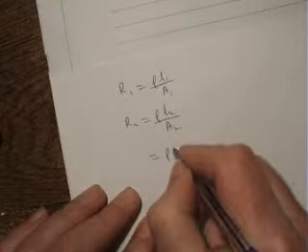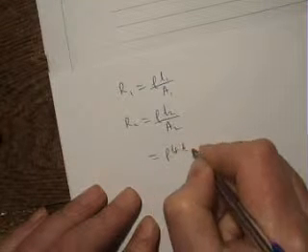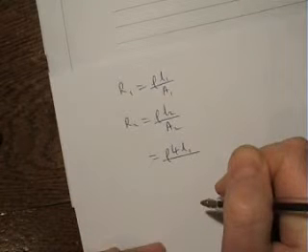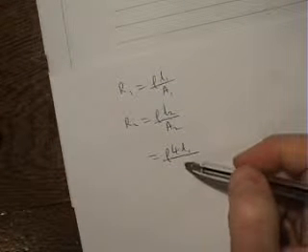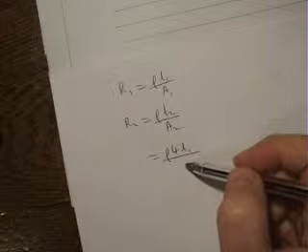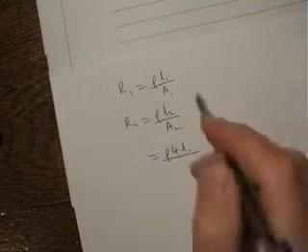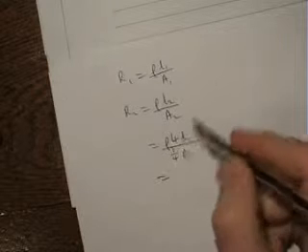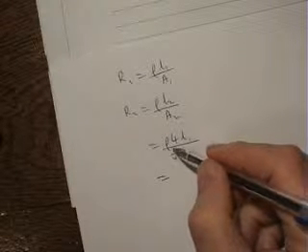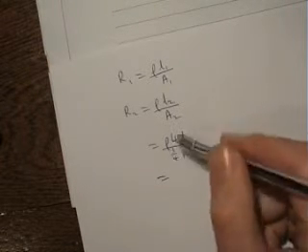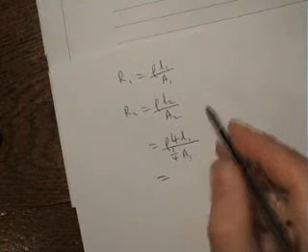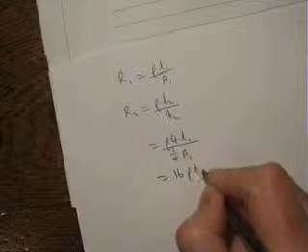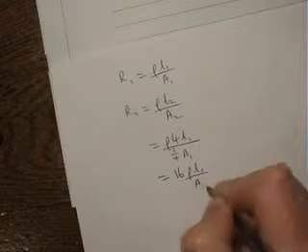L2 is 4 L1, and for A2, well, the radius is halved, so that must mean that the area, because you square the radius, is a half times a half, so the new area is a quarter of the old area. So I've got 4 on the top, I'm dividing by a quarter, well 4 divided by a quarter is 16, so I get 16 ρ L1 over A1.